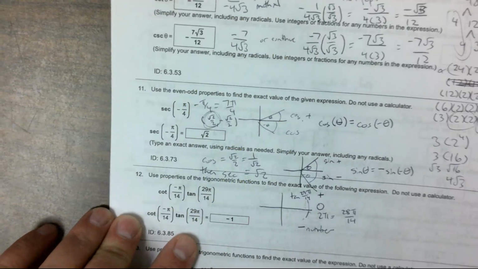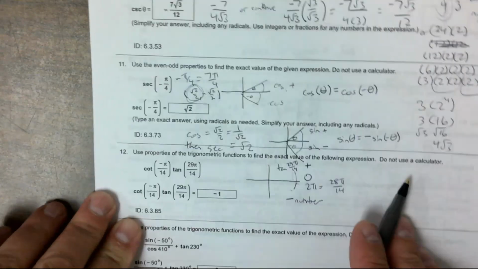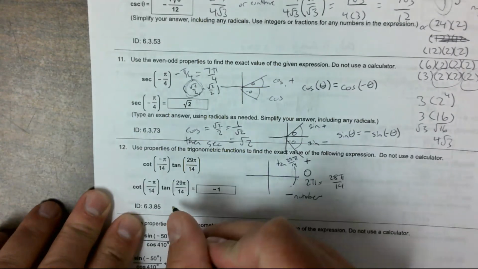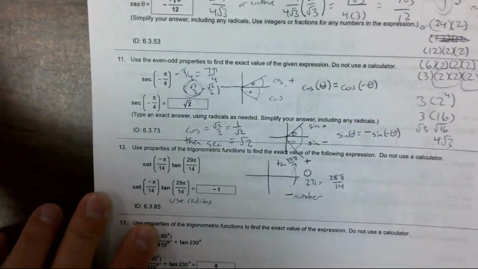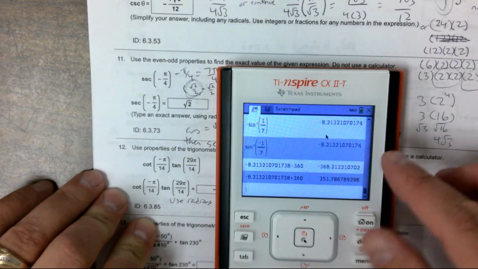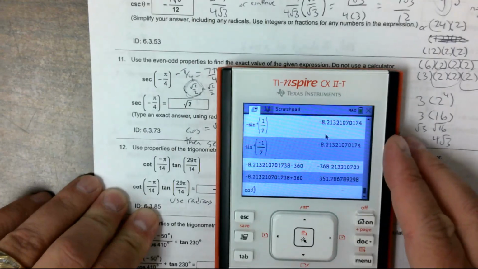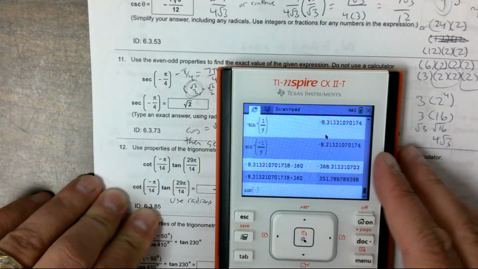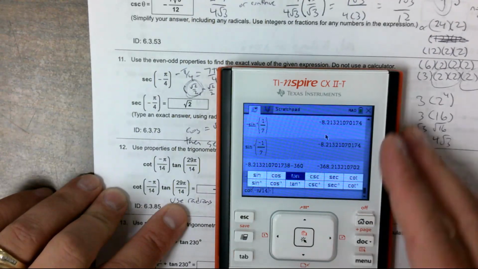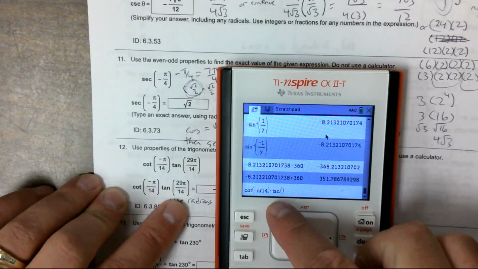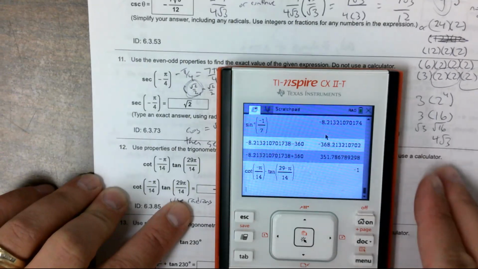I know one way would be use your calculator, even though it says not to. And so let's show that. Use radians. So if we're in radians, we want cotan negative pi over 14 times tan of 29 pi over 14, and you get -1.